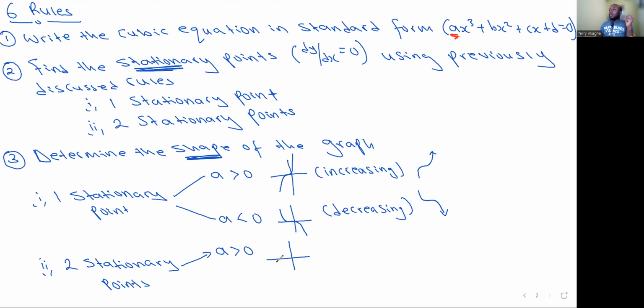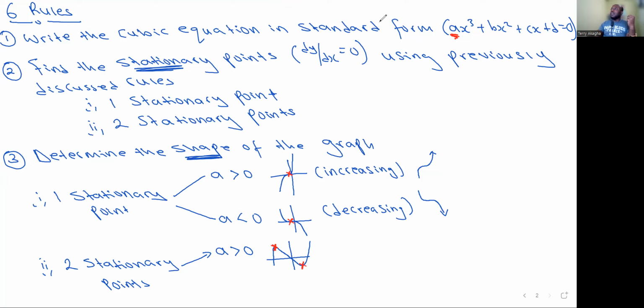You'll be expecting the graph to increase, come down, decrease, and go up. Let me draw it a little bit better. As you can see, in the first case we only had one stationary point, but in this case you have two stationary points.